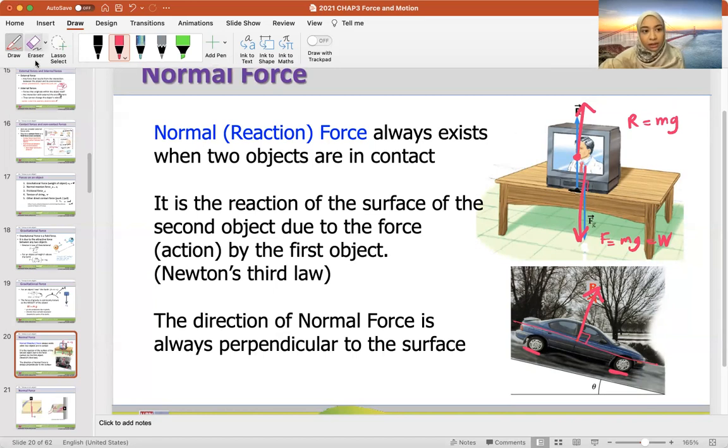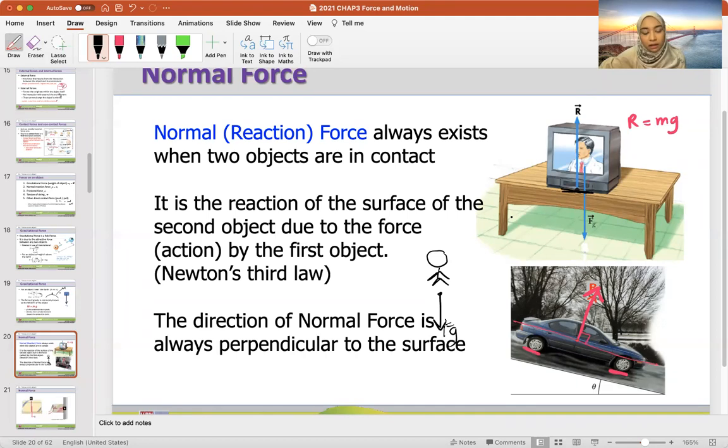But if I say that the reaction force exists on its own whenever we have the Fg, that is wrong. You can't say that if there is gravitational force, you will always have R. That is incorrect. The reason R exists is because you have that contact. If you are floating in air, you have that Fg, but you don't have that R.